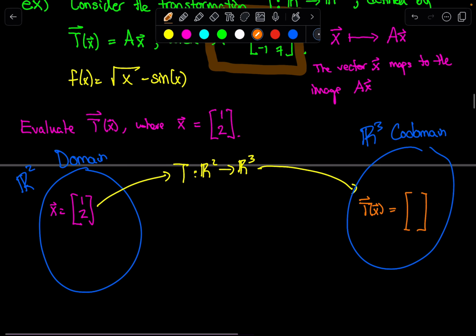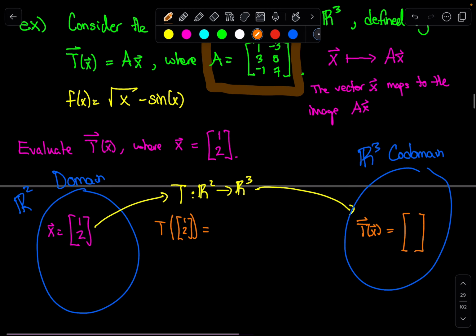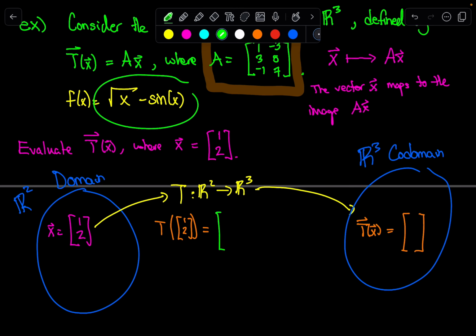Well, T of x is defined. T of this vector, 1, 2, is literally defined by A times that vector. We have the matrix A from earlier that we just made up completely at random, in the same fashion that I just made square root of x minus sine of x at random.